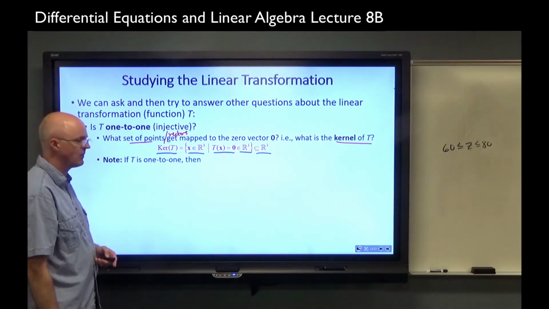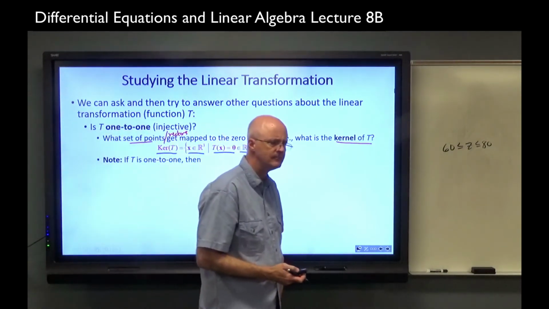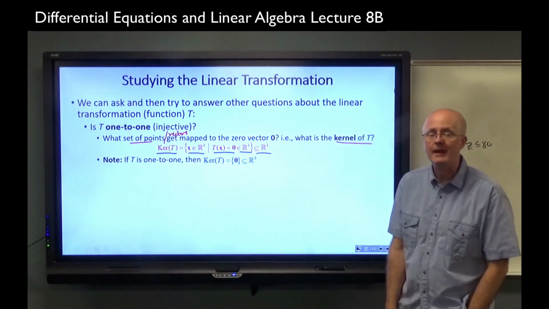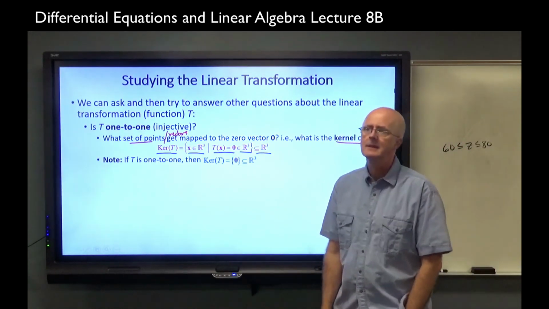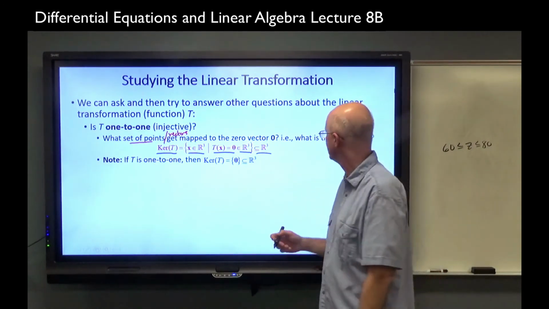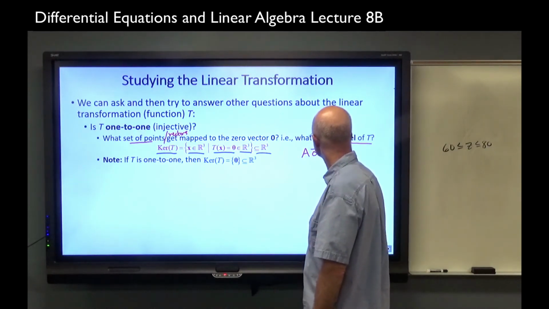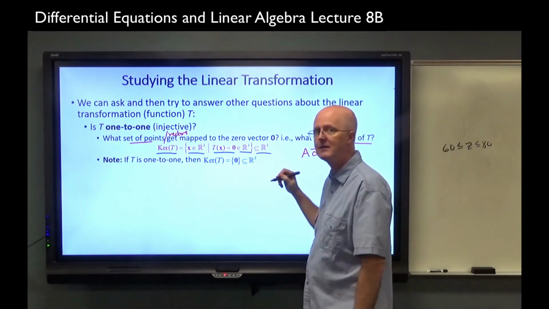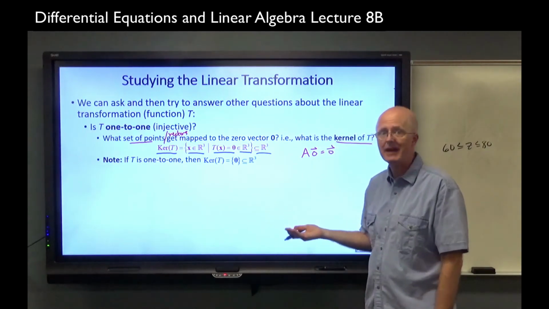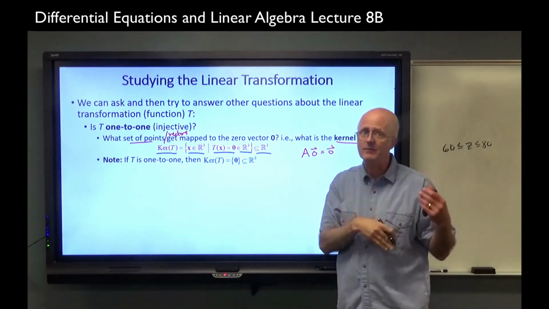If T is 1 to 1, it's going to turn out that the kernel is just the zero vector in the domain. Certainly the zero vector does get mapped to the zero vector. Certainly A times the zero vector is the zero vector. You plug in the 0 into x, y, and z and do the multiplication, and you get a linear combination where all the weights are 0, so you'll get the zero vector out.